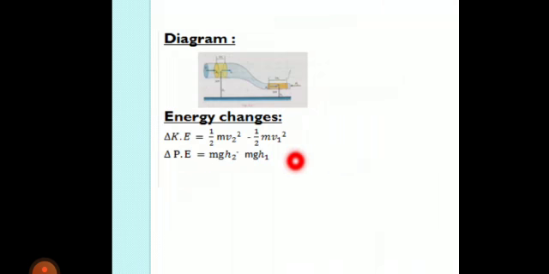Now we see the diagram of Bernoulli's equation. This is the ground and this is a pipe of different cross-sectional area. This is point 1, the upper side of the pipe, and the lower side of the pipe. The upper side is at a height h1 and the lower side at a height h2.